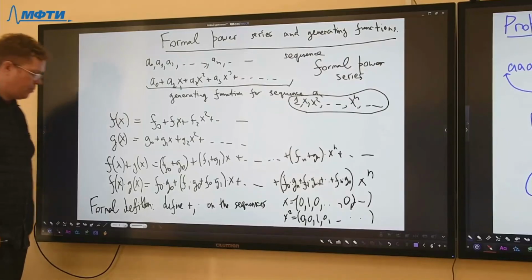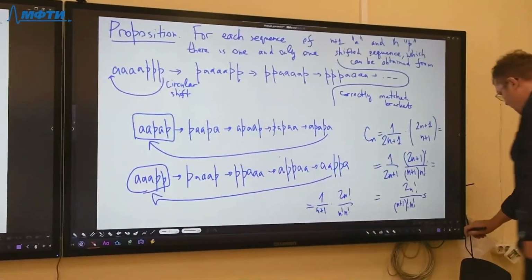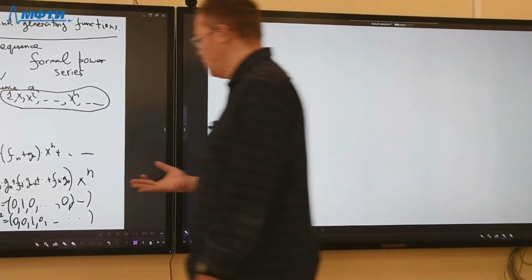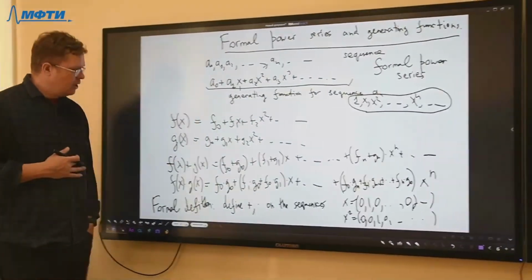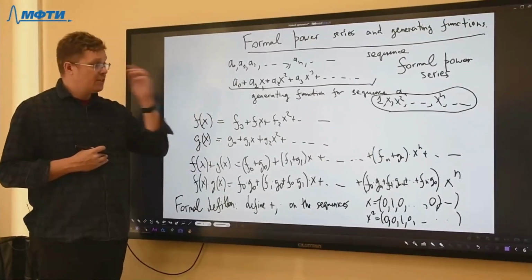It is very useful to describe the formal power series without using the infinite sum here.